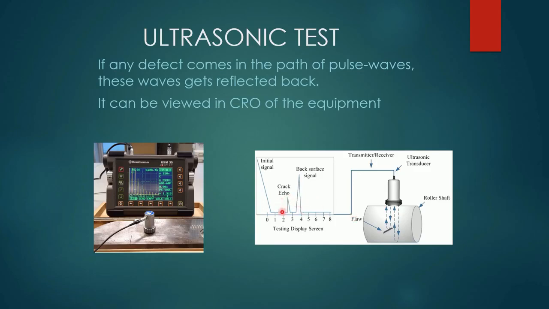This is indicated over here in crack. You can see crack echo is there. Whenever any defect comes in the path, the wave gets reflected back. It doesn't cover the whole distance of the object. It will go back from this particular defect. So it can be viewed in the CRO of the equipment.